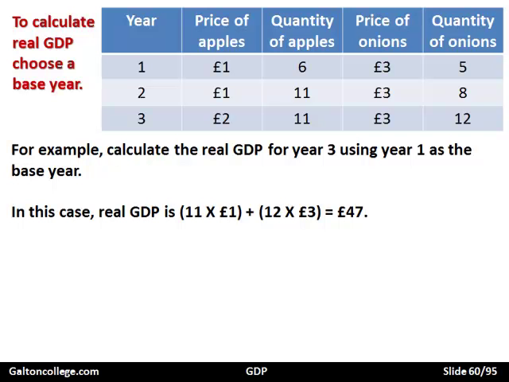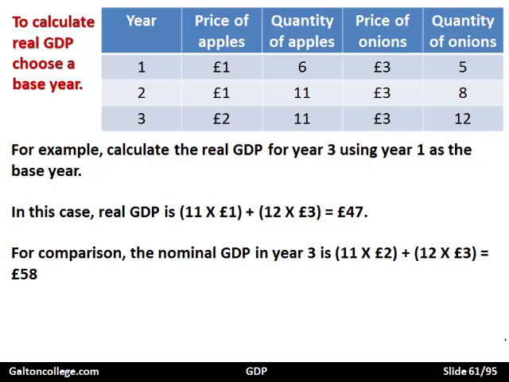The quantity of onions produced in year 3 is 12, and the price of onions in the base year is £3. So the real GDP is 47. So what we've done is we've taken the base year prices and multiplied those base year prices by the current outputs in year 3, and that determines the real GDP.